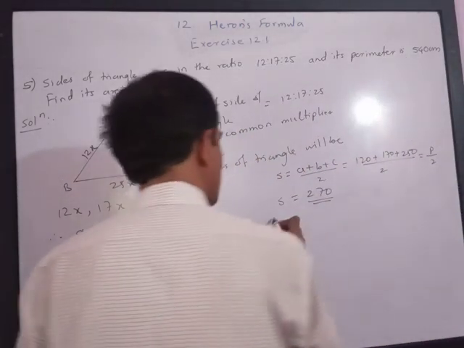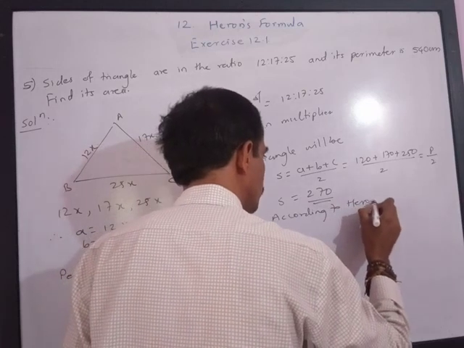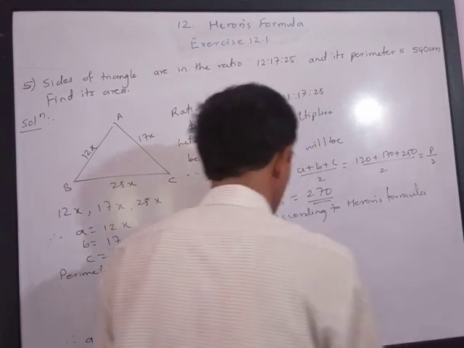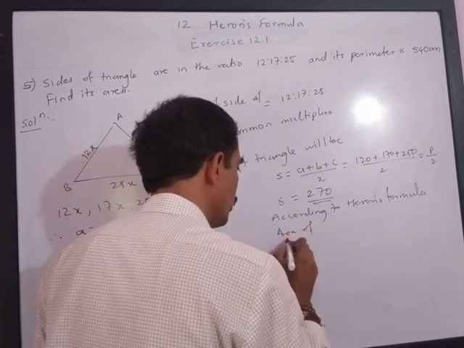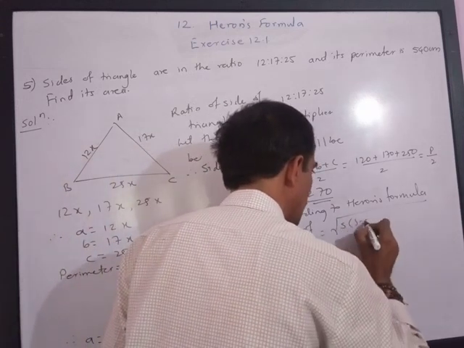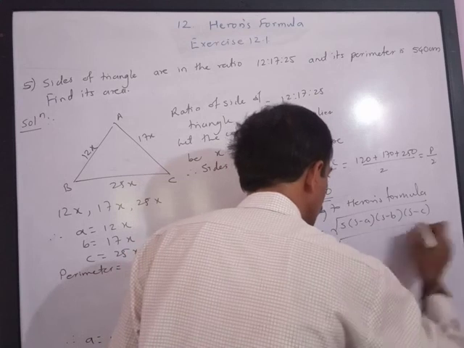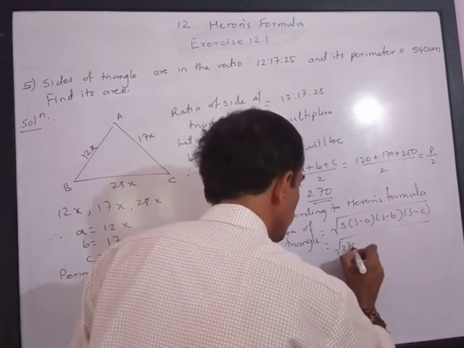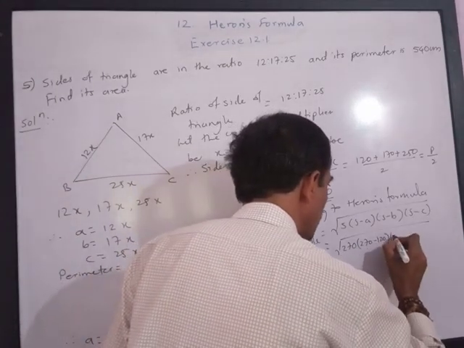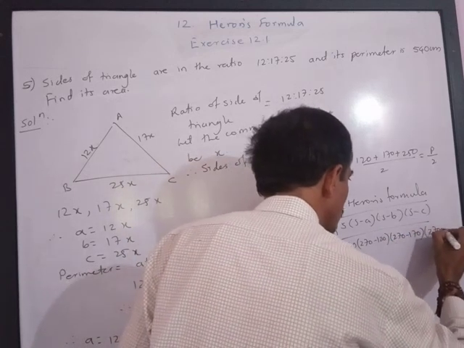Now the area of the triangle, according to Heron's formula, is equal to under root s in bracket s minus a in bracket s minus b in bracket s minus c. So this is equal to 270 in bracket 270 minus 120 in bracket 270 minus 170 in bracket 270 minus 250.